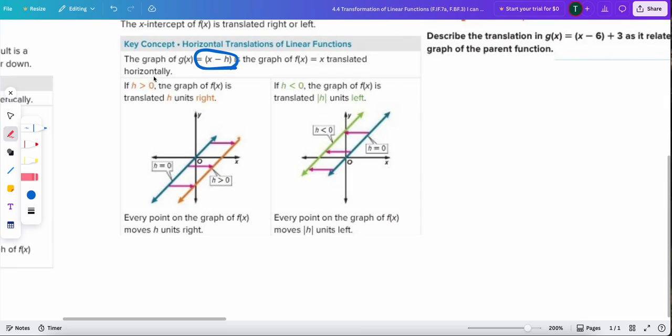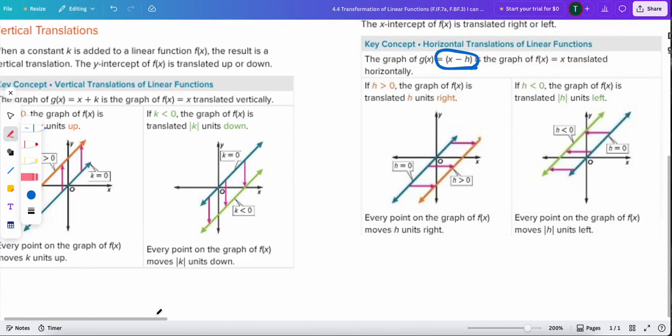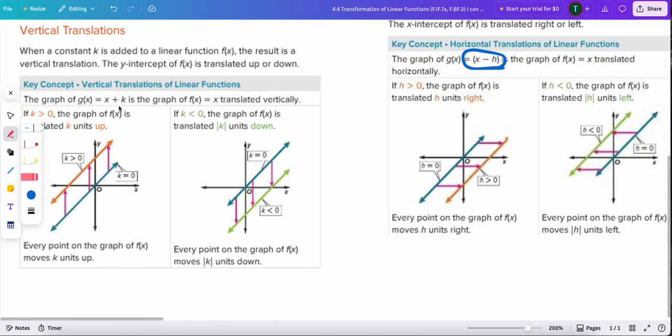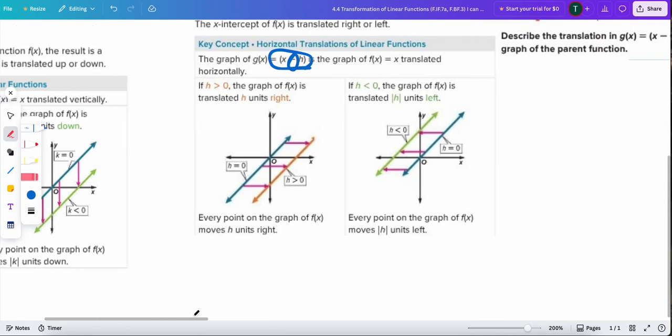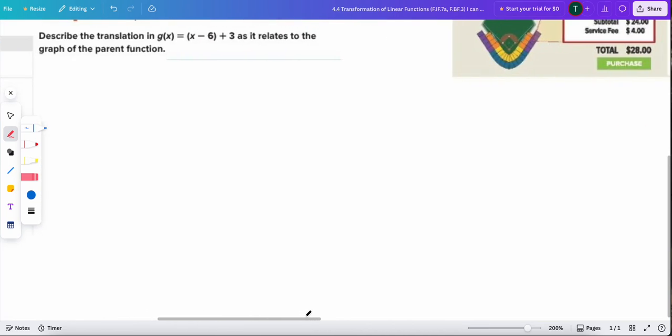When h is more than 0, so when h is positive, it'll be going right. When h is negative, it'll be going left. The difference here, if we look besides the parentheses, is this formula had the plus sign, but this one has a minus, so subtraction. So we need to make sure that it is written in subtraction form so that we're moving the correct way.